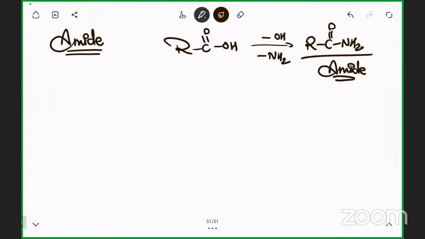Yes, sir. Remember right now that C double bond O is the parent group of all. It is the parent group of carboxylic acid, anhydride, esters, amides, acid chloride. So just remember this is a parent group.